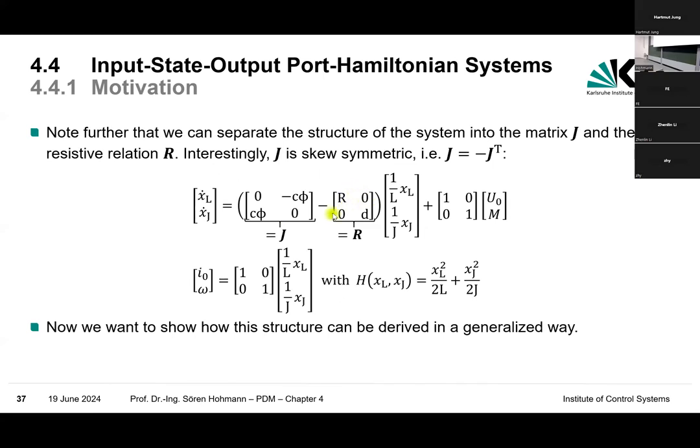If you remember, R and D are the dissipation constants. They are never negative, so it's a positive definite matrix. So R and D are positive definite. The matrix R is positive definite, something we can keep in our minds as well.